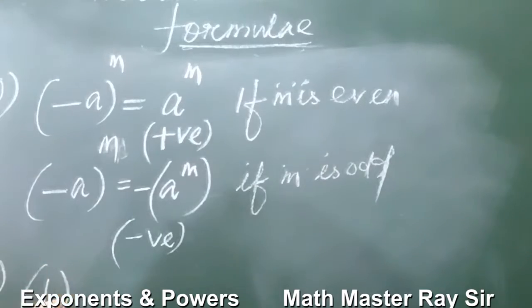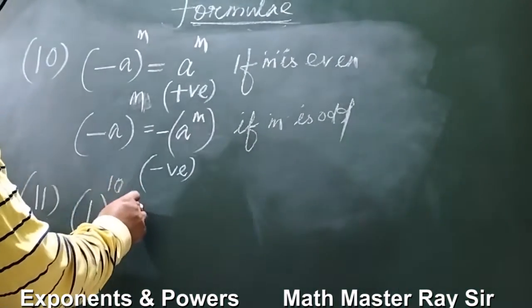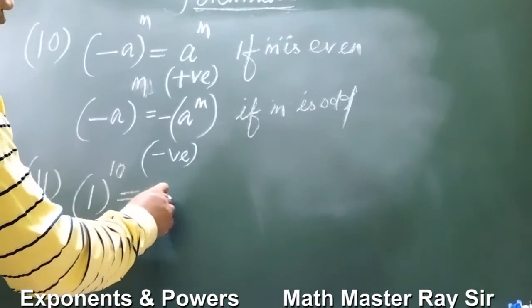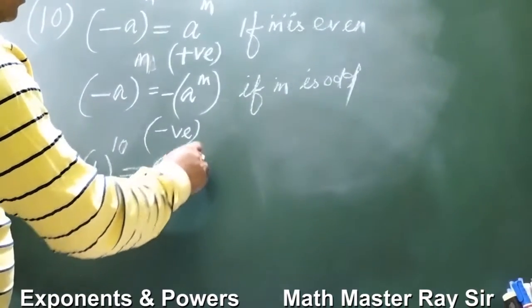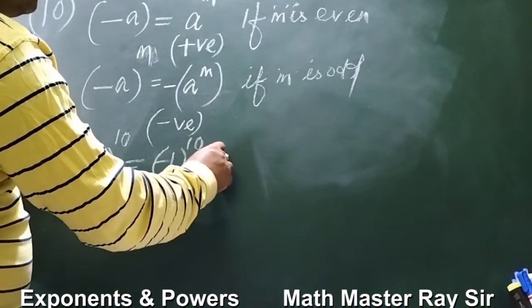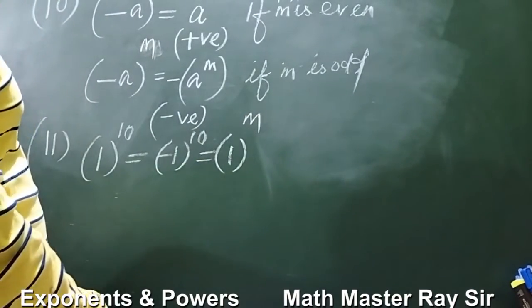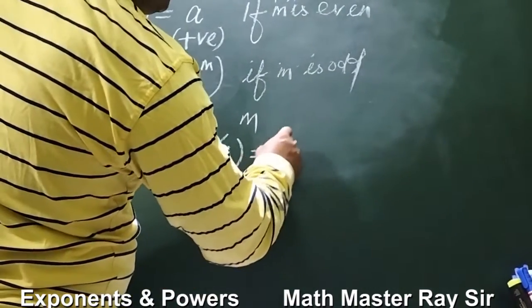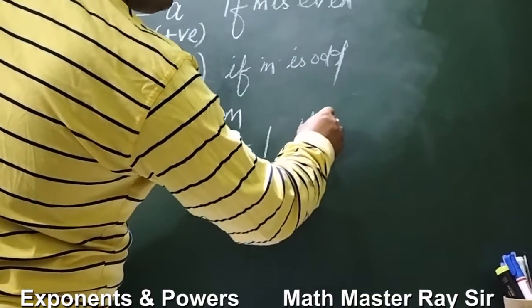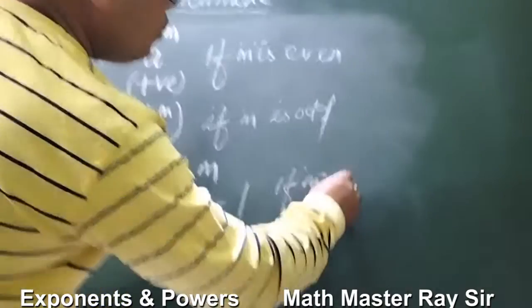Formula 11: 1 to the power m, or minus 1 to the power m, equals 1 if m is even.